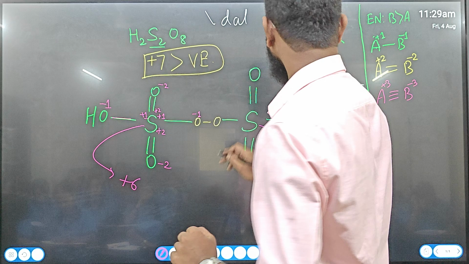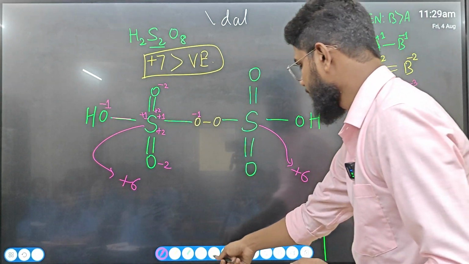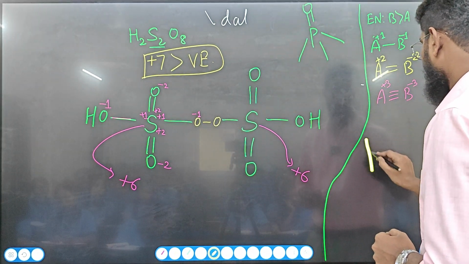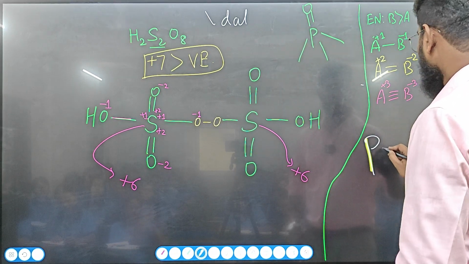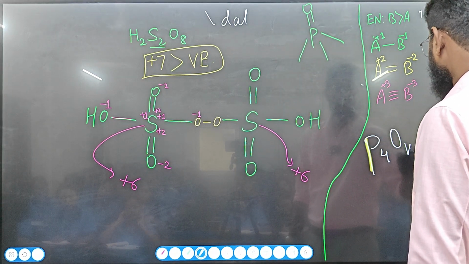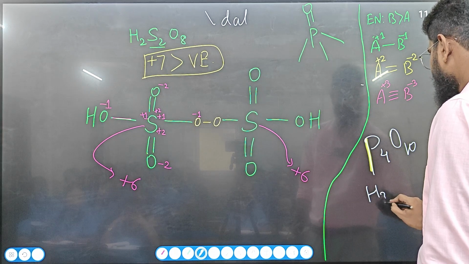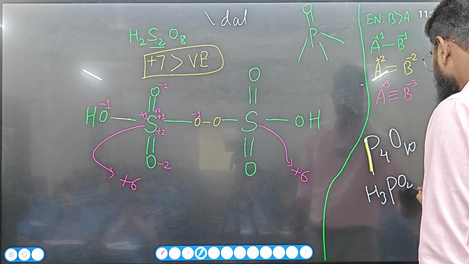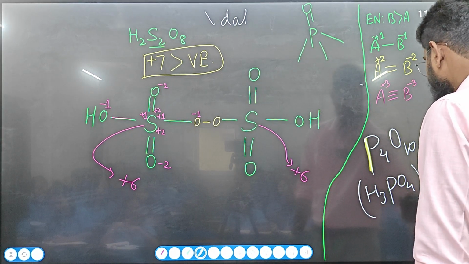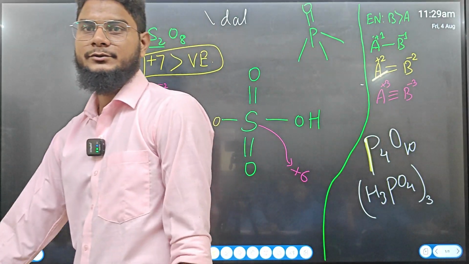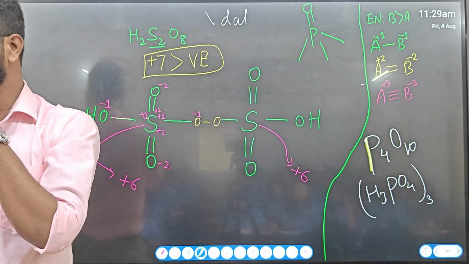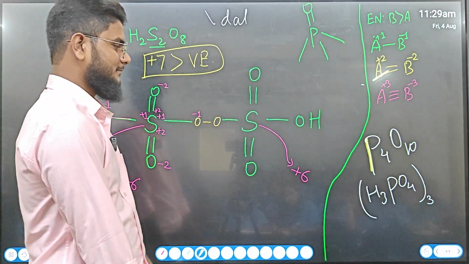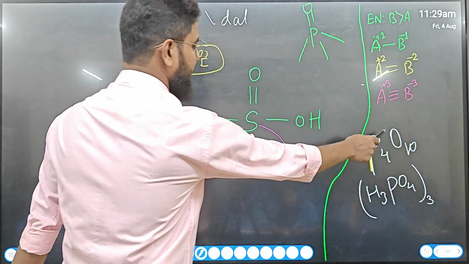So I'm giving you one homework: draw P4O10 and H3PO4. These are two homeworks. You have to draw the structure at home. Don't Google it. This is your homework.